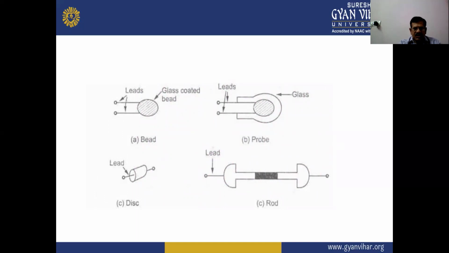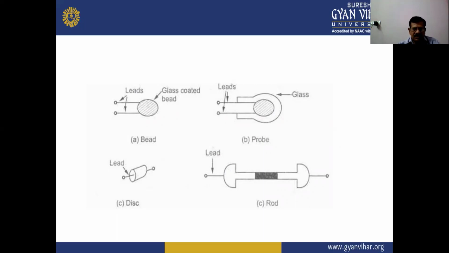There are some shapes of thermistors. There are a total of four shapes. First is the bead shape, second is the probe shape, third is the disc shape, and fourth is the rod shape. In the bead shape there are two leads and a glass coated bead. In the probe shape there are also two leads and glass that covers the bead.